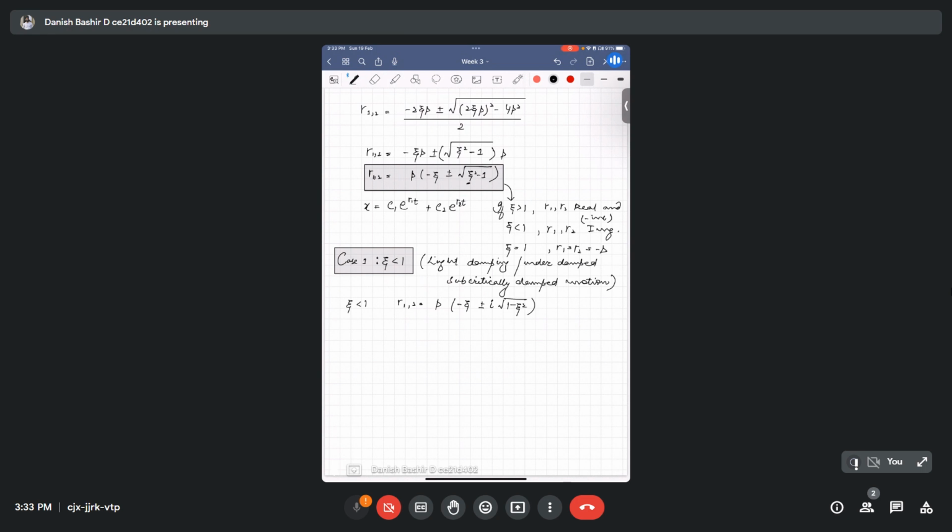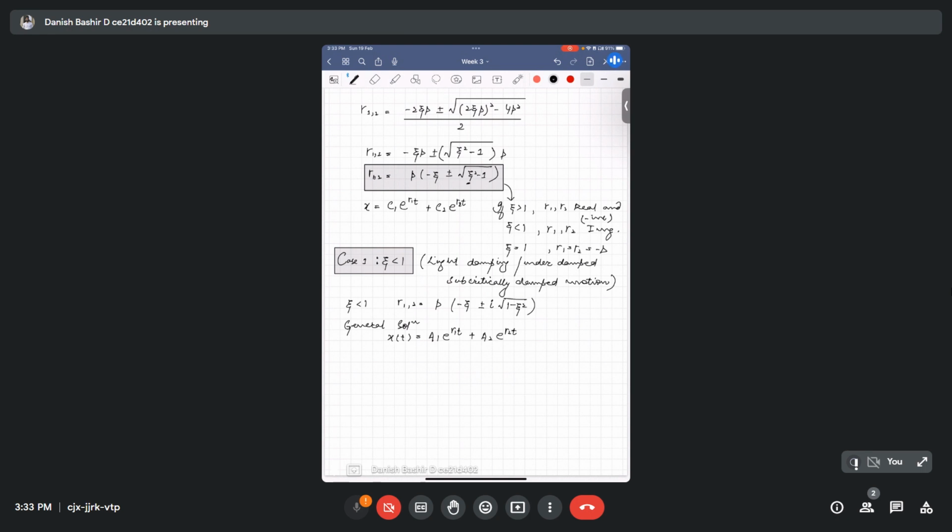The general solution will be like this: x of t will be equal to a1 e to the power r1 t plus a2 e to the power r2 t.